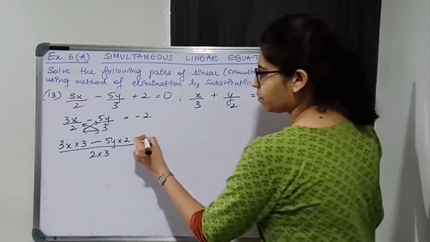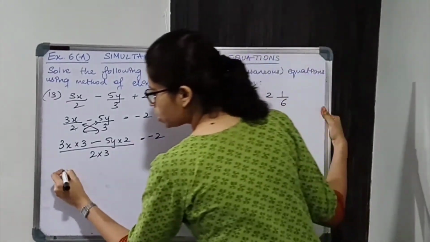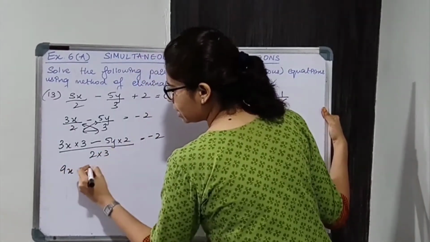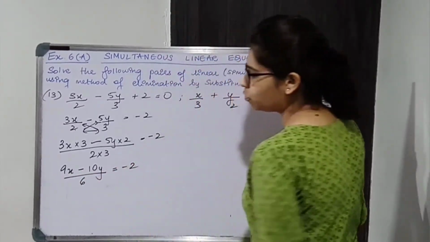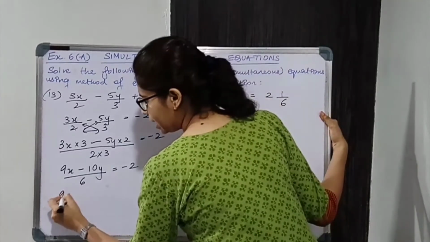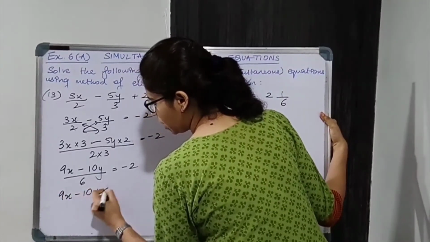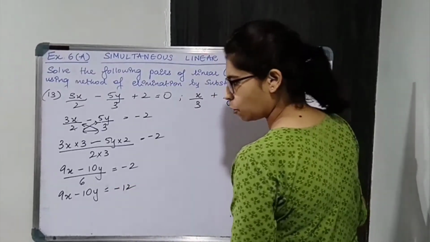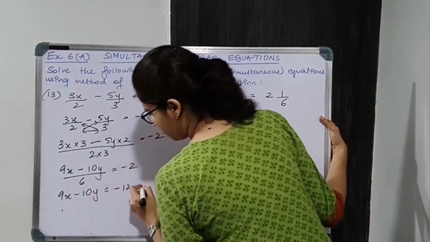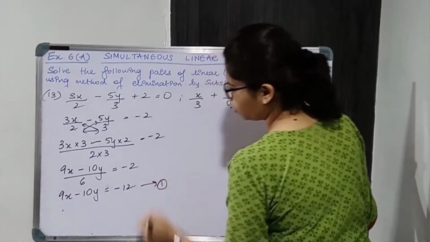Okay, so this will give 9x minus 10y by 2 3s are 6, that is equal to minus 2. So 9x minus 10y is equal to minus 2 into 6, minus 12 हो जाएगा. Okay, so I can number this as equation 1.